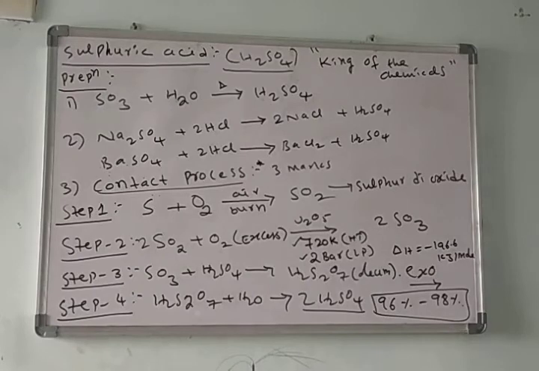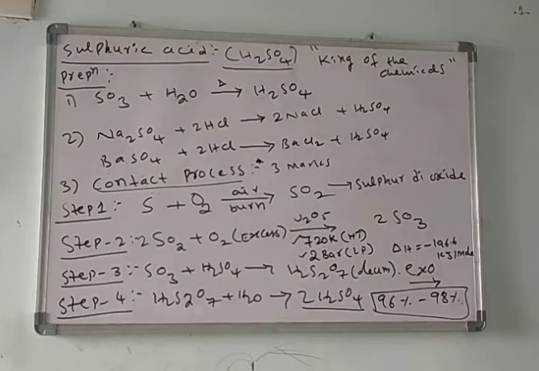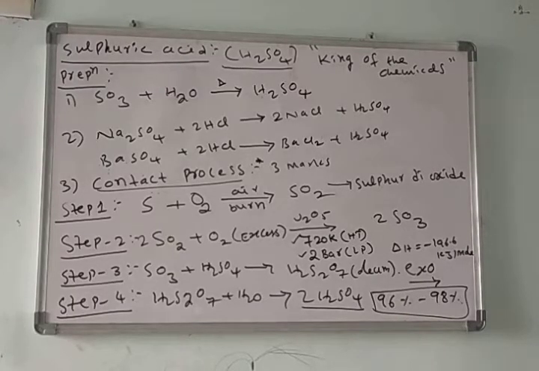Here I want to explain once again the preparation of sulfuric acid by using the contact process. How many steps are involved? 4 steps. What are those?